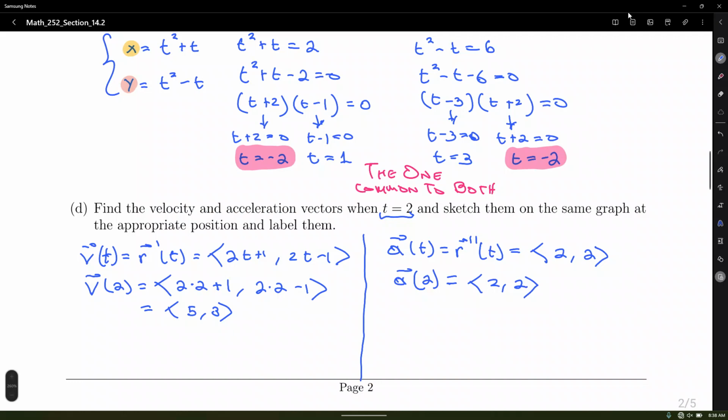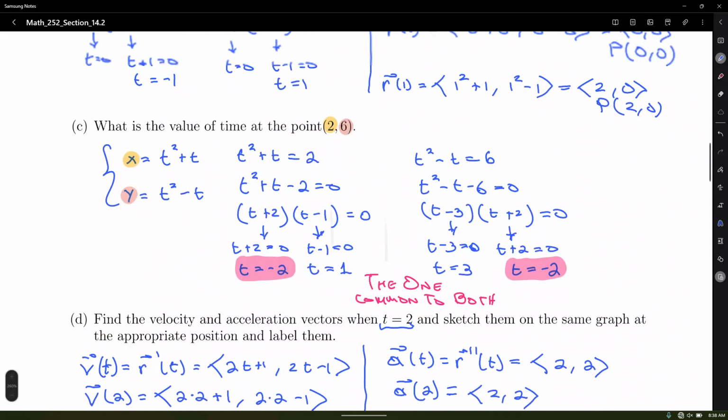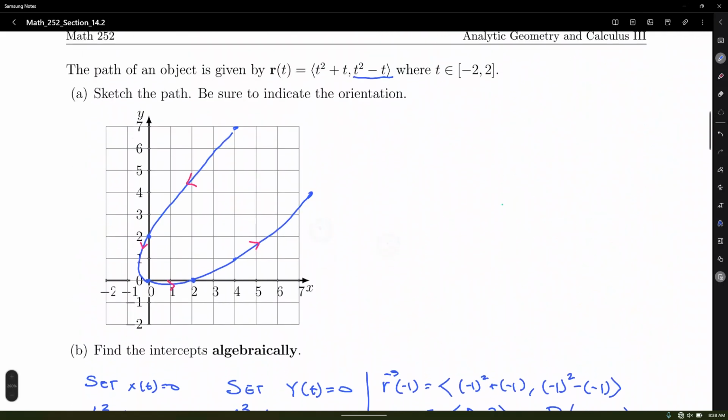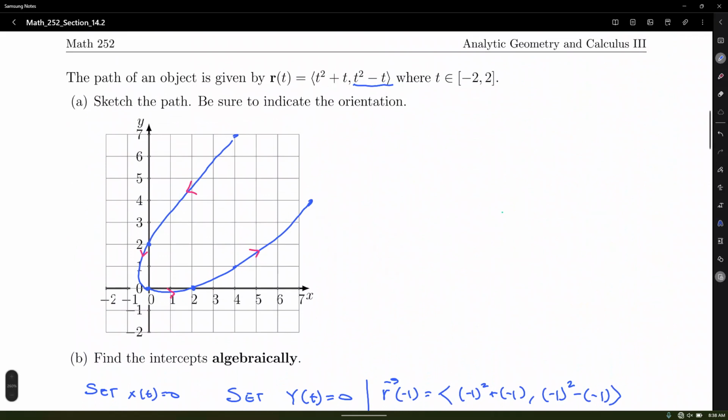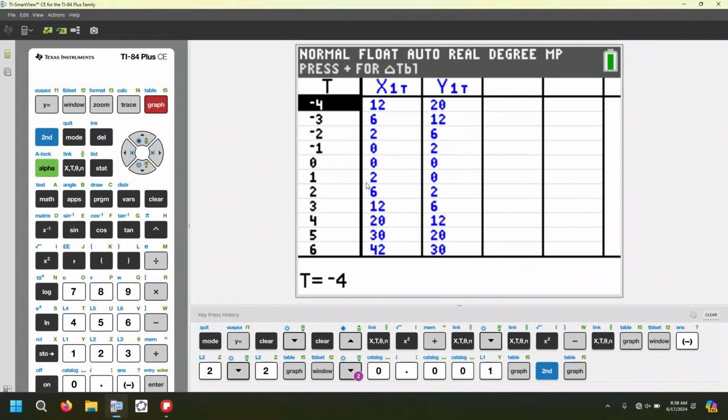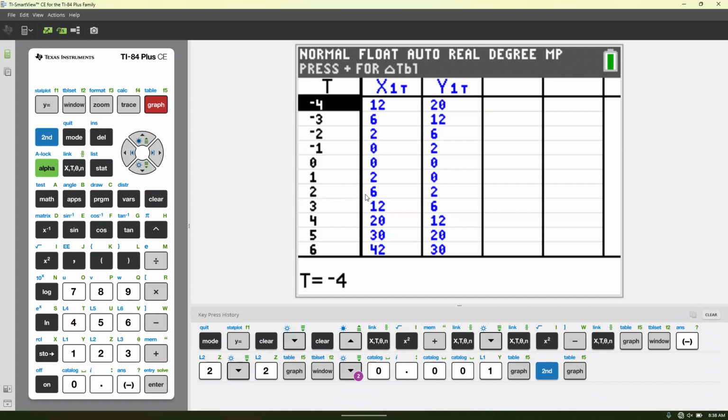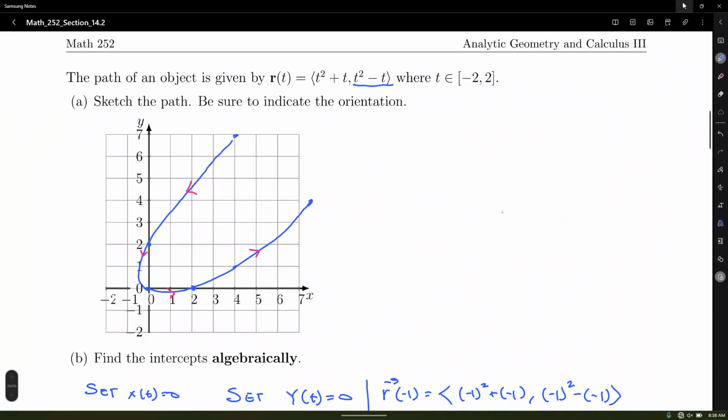So now we may go back to the top of the page to plot these two vectors. I'm going to go to the point where t equals 2. Let me go back to the graphing calculator. For t equals 2, we have the point 6, 2. However, you might want to get this r of 2 algebraically.